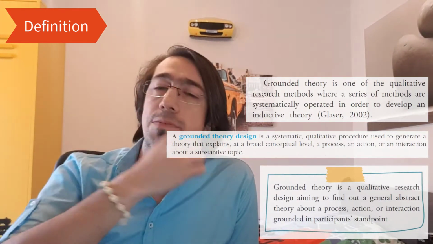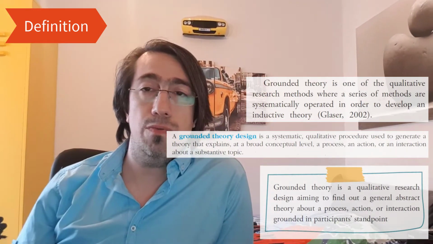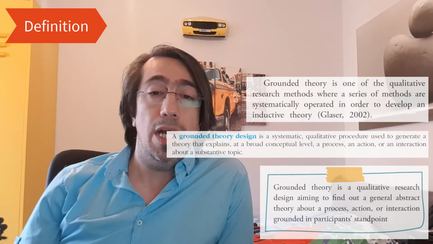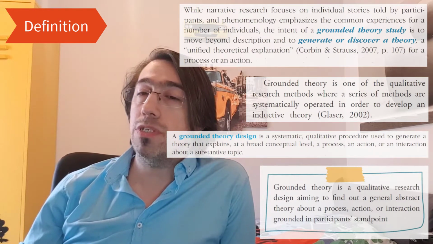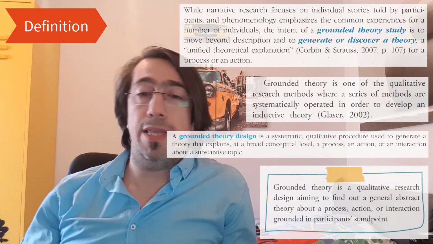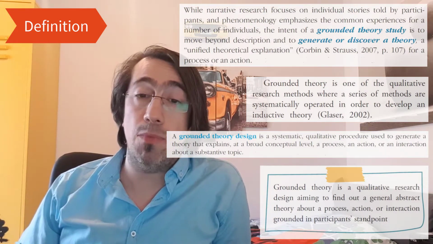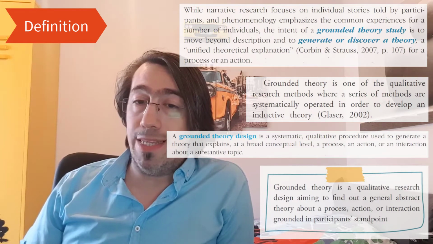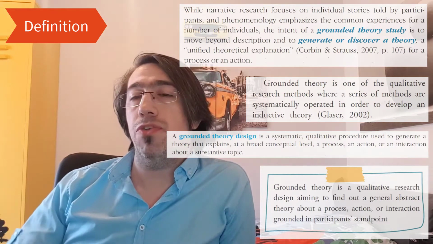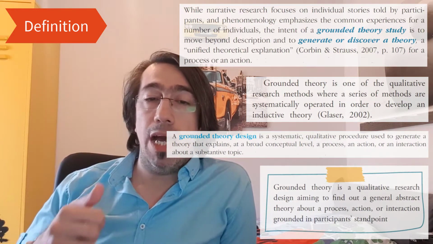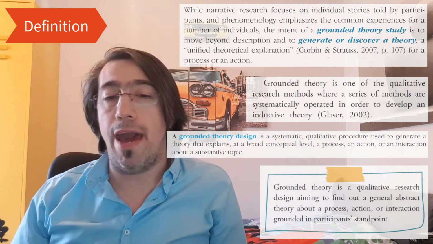And another explanation from Creswell's other book, which I have one of: while narrative research focuses on individual stories told by participants, and phenomenology emphasizes the common experiences for a number of individuals, the intent of a grounded theory study is to move beyond description to generate or discover a theory, a unified theoretical explanation for a process or an action.